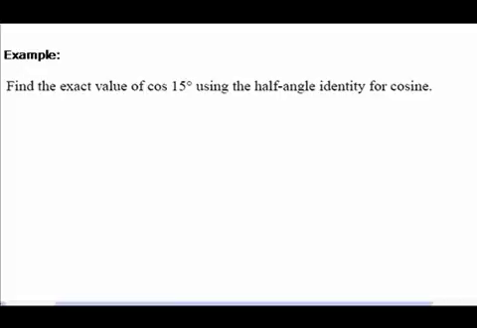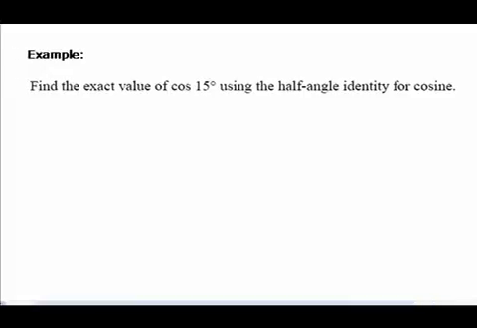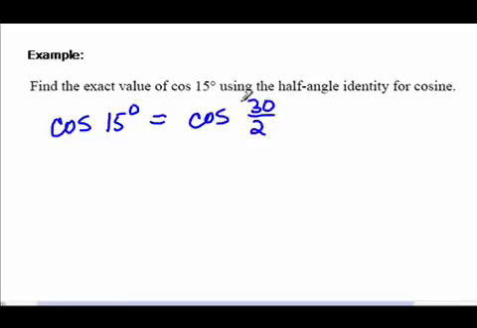So now let's try to come up with the exact value of cosine 15 degrees. We can now view this, like I mentioned earlier, as the cosine of 30 degrees over 2. So I look up my cosine of a half angle.